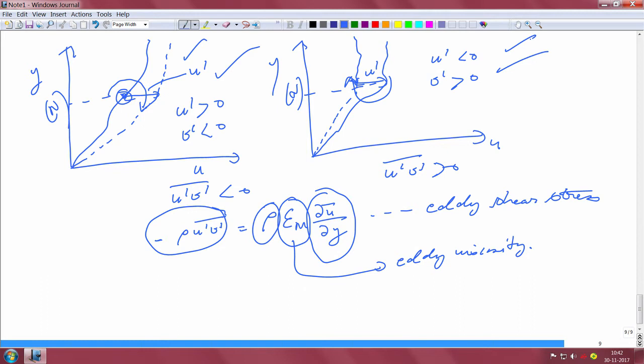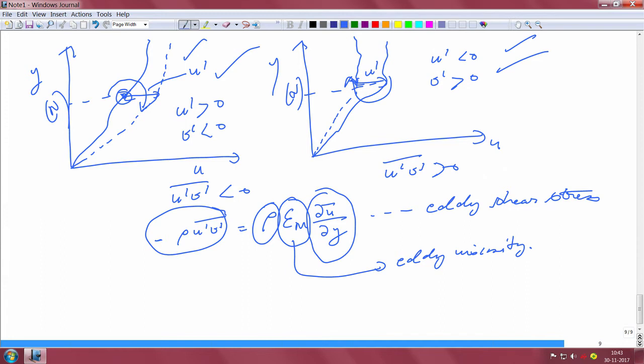So, all this u prime v prime combo does is basically shift the velocity profile, it changes the gradient of the velocity profile, and this velocity profile is what? It is u versus y. So, which is essentially the mean flow gradient, that is d u bar by dy.